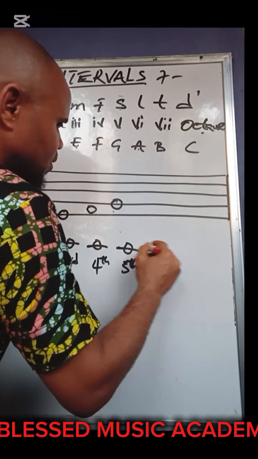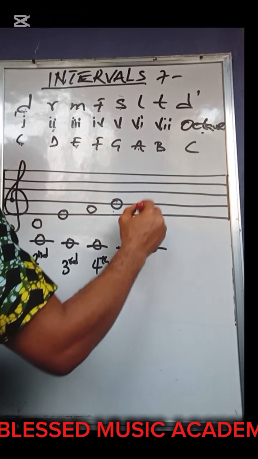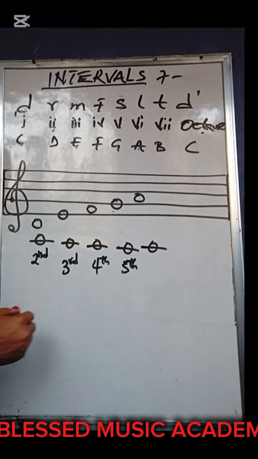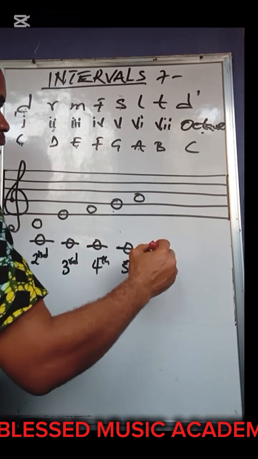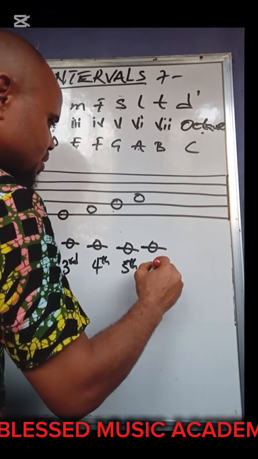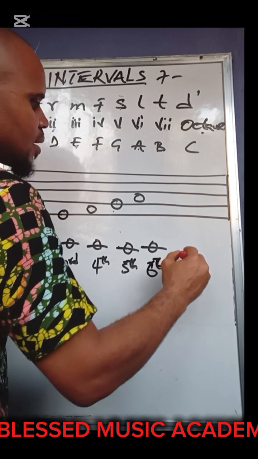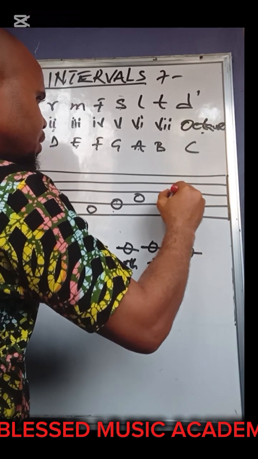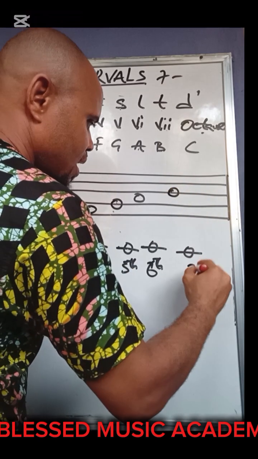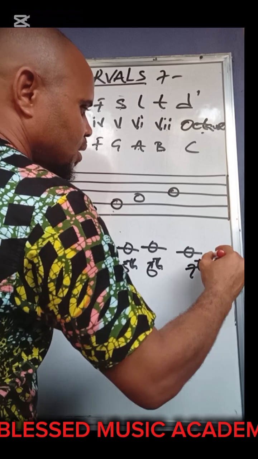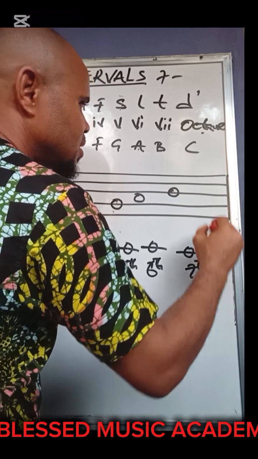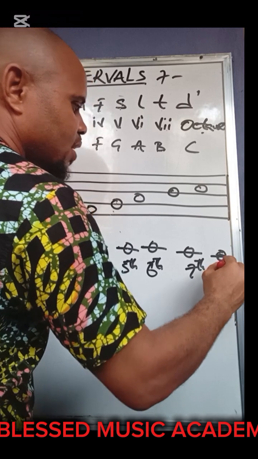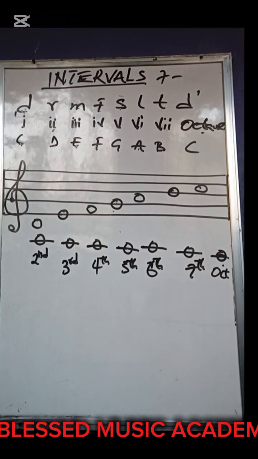Distance between my C to my A is sixth. The distance between my C to my B is my seventh. The distance between my C to my C is my octave or eighth interval. Call it octave or eighth interval.